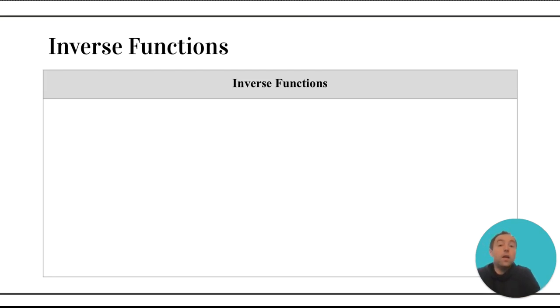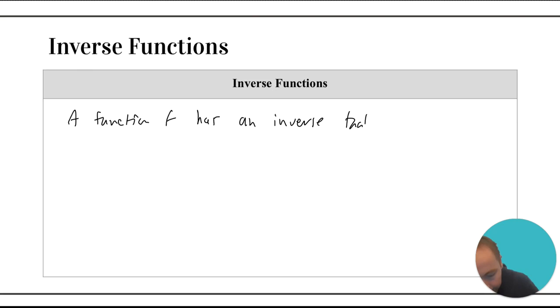So then what it means, really truly, for us to have inverse functions is we need it to be a function originally, and then we also need it to be one-to-one. So we can say that a function f, meaning that we already have a function to begin with, has an inverse that is also a function if f, the original function, is one-to-one.